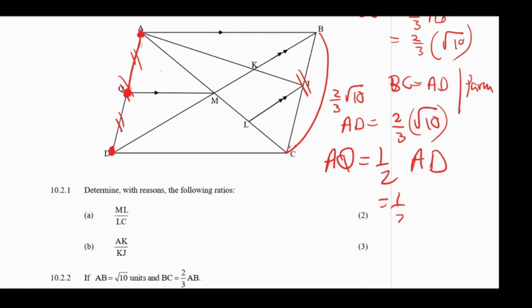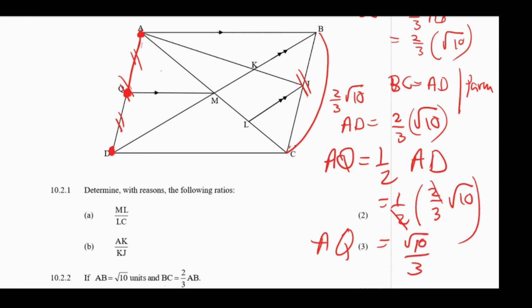So what is AD? Half of AD is 2 over 3 root of 10, right? So this 2 goes away. Then AQ equals root of 10 over 3 units. Right, so this is the solution for AQ.